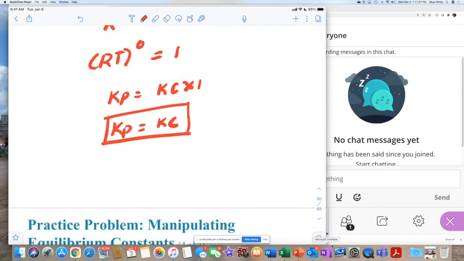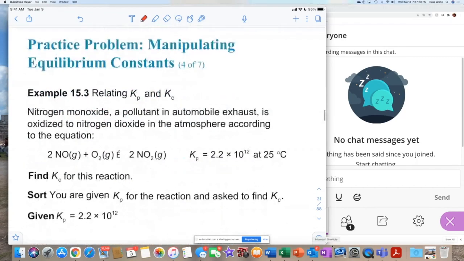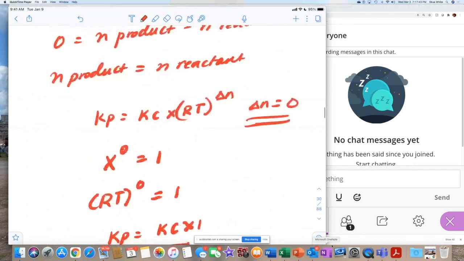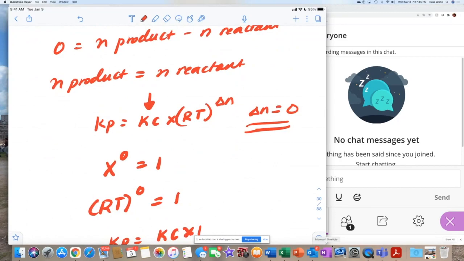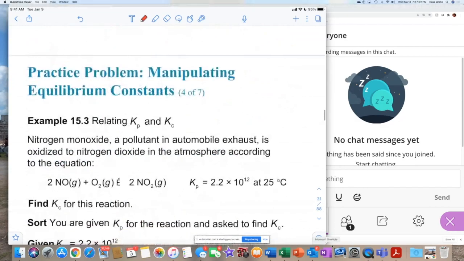Okay, Kp equals Kc. So here, now that we have this equation, if we're given Kc, we can find Kp, correct? Because we have this relationship here. Yep, we can do that. Let's see. Relating Kp and Kc.